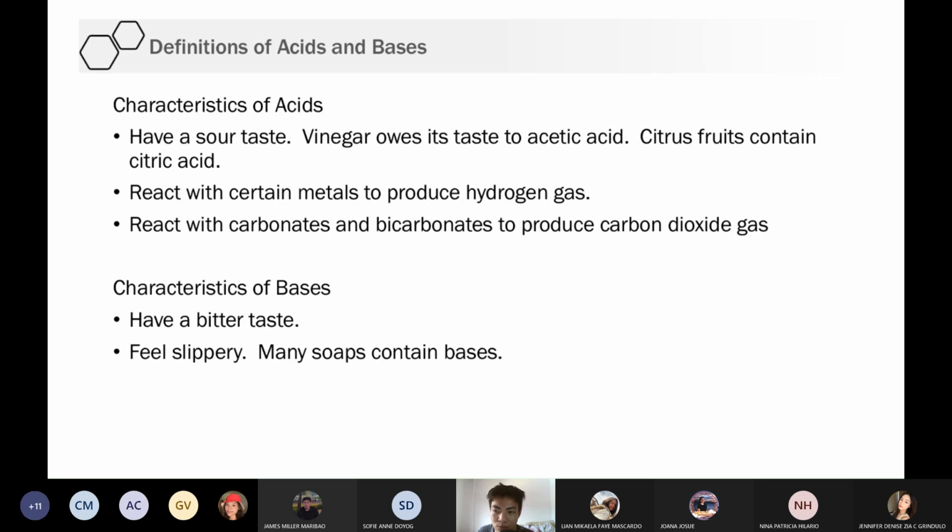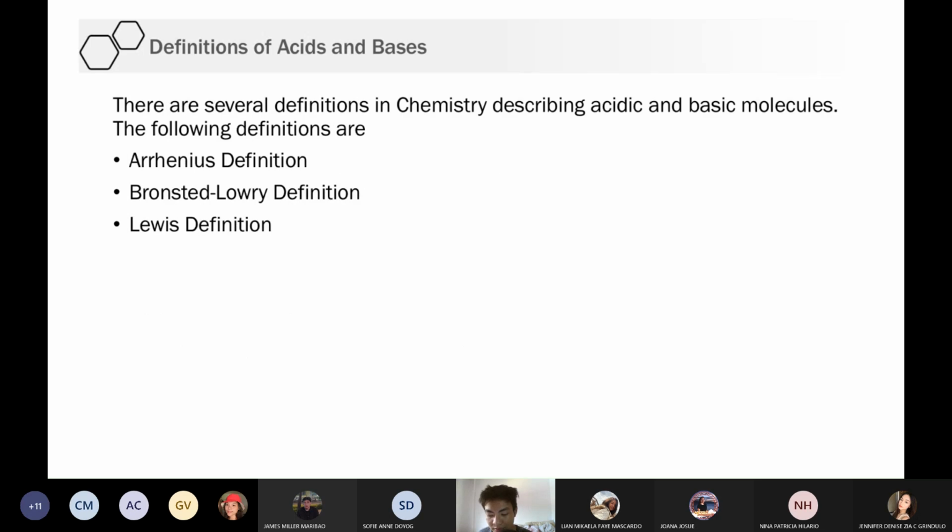So, paano mo malalaman kung yan ay acid or base? You can tell by its molecular formula, or by its reaction. So, pwede natin makita yung ating molecule if yan ay acidic or basic by just looking at the molecular formula and by looking at what it does in a chemical reaction, okay?